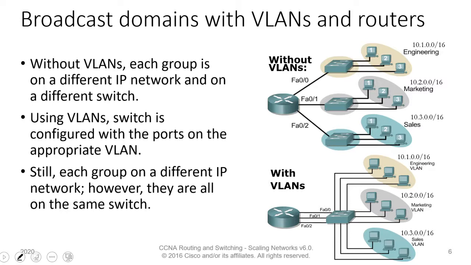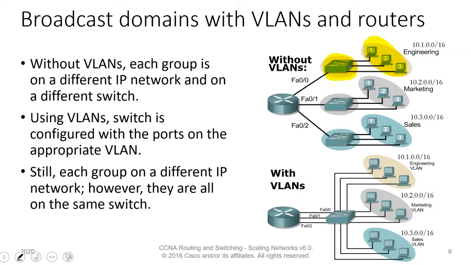Then another thing that you may remember from VLANs is about broadcast domains. So what is the broadcast domain for a particular network? Say, for example, if a number of devices are connected to a switch, then we would consider that as the broadcast domain there.